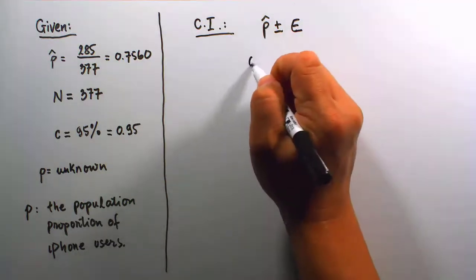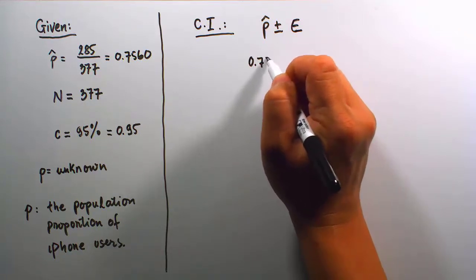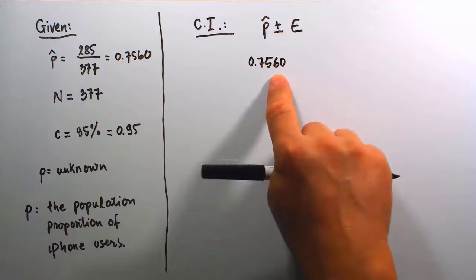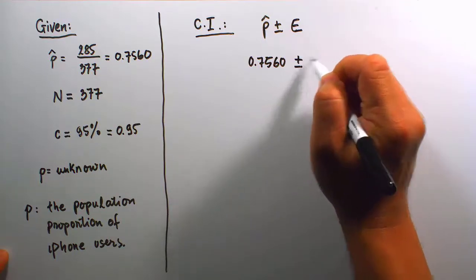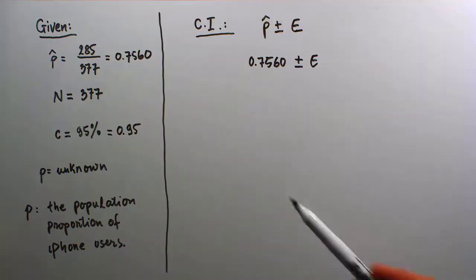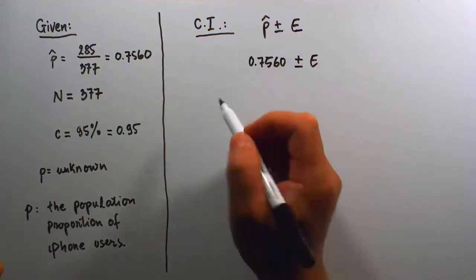That means eventually we're going to look at 0.7560 as our sample point and the center, the midpoint, of our interval, and then we're going to figure out the margin of error up and down, including the very beginning example I made in my complete lecture on how to find a confidence interval for a proportion.